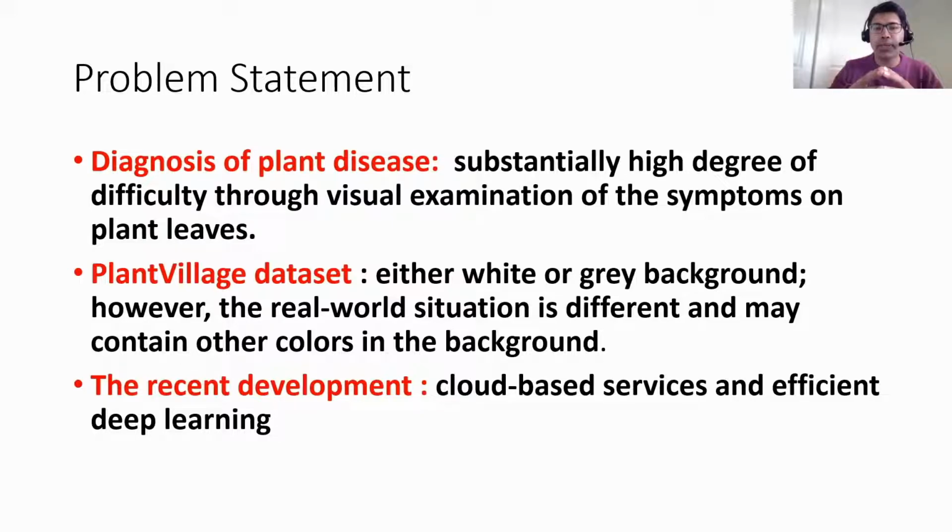It will be more realistic. We will have occlusion and other challenges. Recently we have many devices which are connected to the cloud and available as edge devices. So can we use them to solve this problem in real time and in a more real-world scenario?